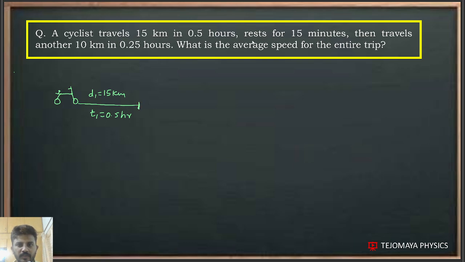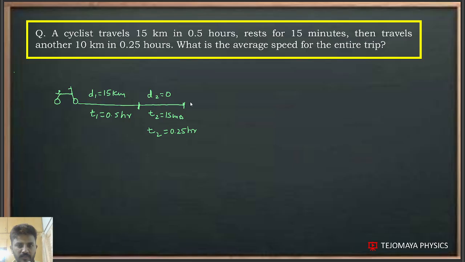Okay, then rest for 15 minutes. So there is no distance traveled. So I'll write like this, that is d2 is equal to 0, but the time has changed by how much? 15 minutes. So 15 minutes, can I write it as 0.25 hours?